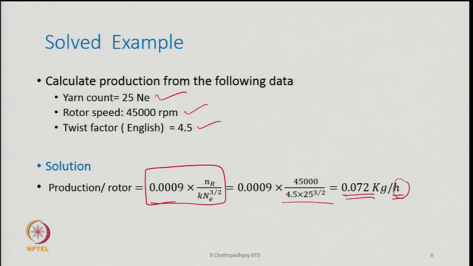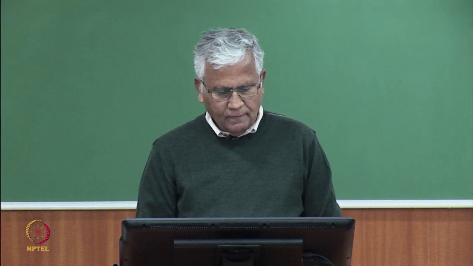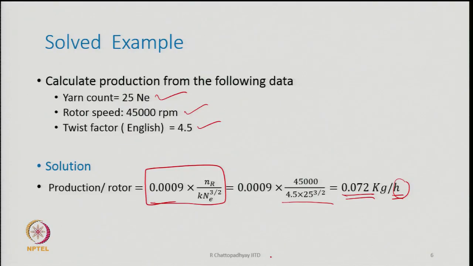If it is to be shown in terms of gram per hour, we have to multiply it by 1000. In that calculation, the efficiency figure has not come. That means we are not considering the efficiency part, or we can say that efficiency is 100%. In that case, so many kg of yarn will be produced if it is producing 25 Ne yarn.